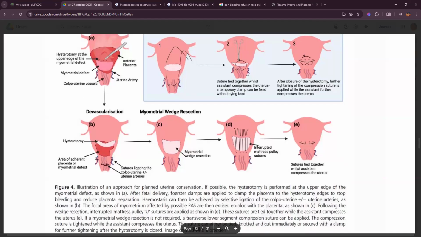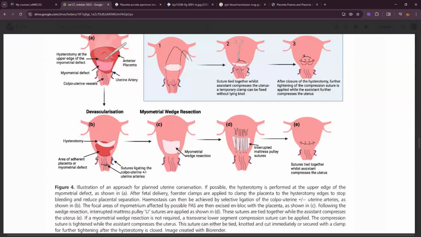We are trying to at least control the blood vessels from the cervix to the uterus. And then you are going for a myometrial wedge resection. It means that you are going to take the whole problem out, the placenta with the myometrial invasion and everything.